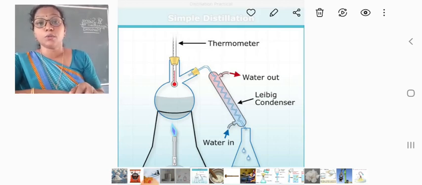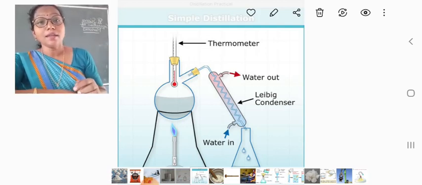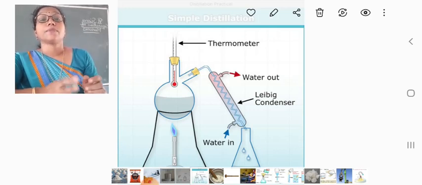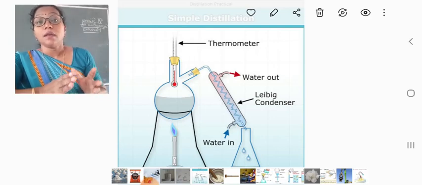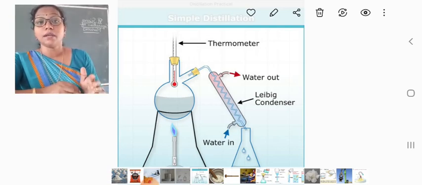given in the textbook. Students, in the process of distillation, the water along with the soluble and insoluble impurities is allowed to heat, or is allowed to evaporate in a big column, and in this method the water gets evaporated, and the steam comes out to a flask.